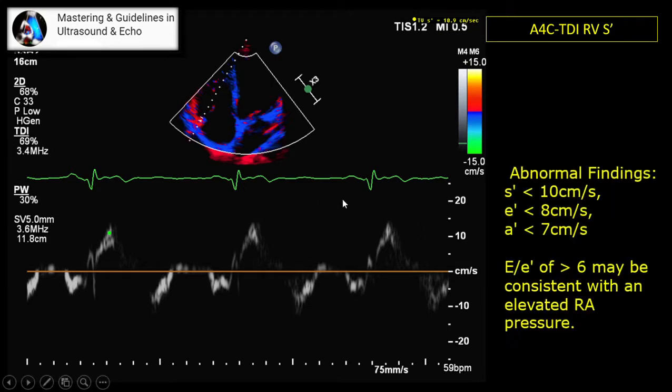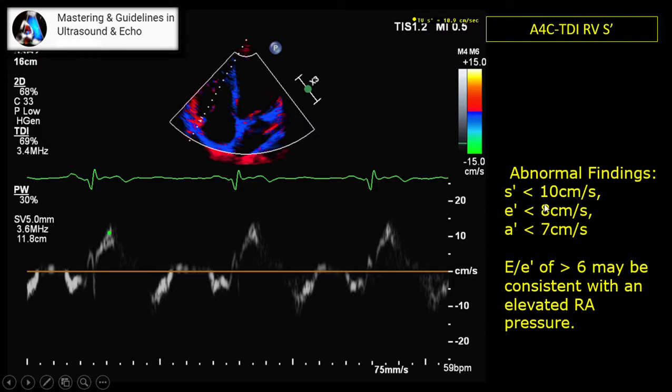Whenever you have some problem with the right heart, for example RCA problem, infarction in the right coronary artery, or pulmonary hypertension, or symptoms and signs of pulmonary embolism, and we are evaluating right ventricular function, go and measure, besides S prime, E prime and A prime, and even do pulse wave Doppler on the tricuspid valve.